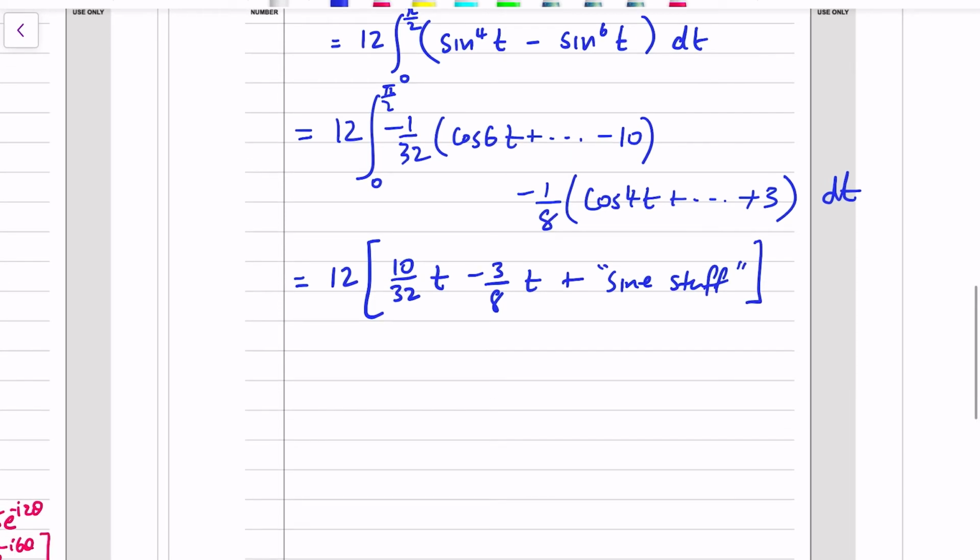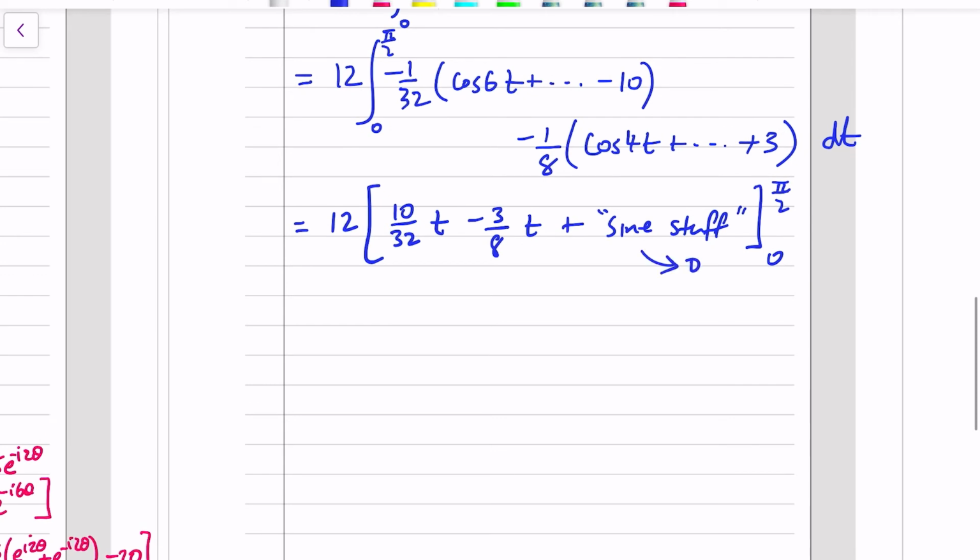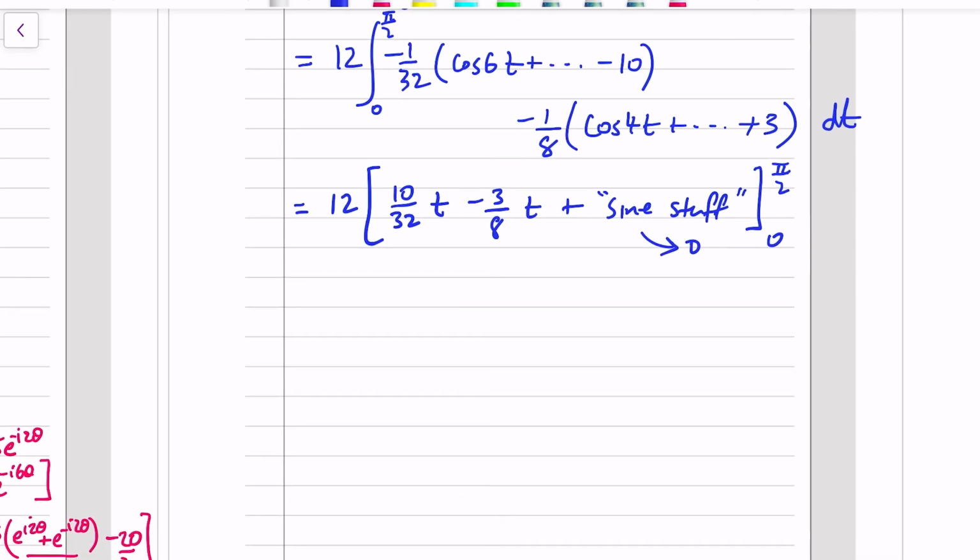I don't need to actually integrate that, which goes to 0. So our answer to the problem is 10 over 32 minus 3/8 all times pi over 2 times 12.